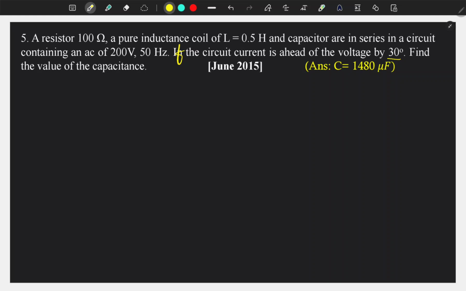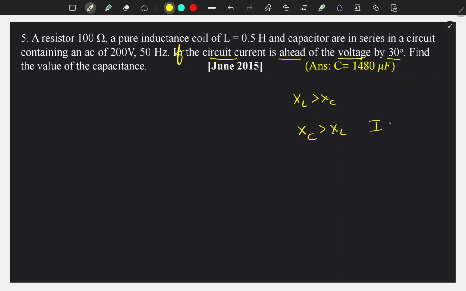So here we have two circuits. One is the inductive circuit, for which XL is greater than XC, and the capacitive circuit means XC is greater than XL. Here current is ahead of voltage means current leads the voltage.